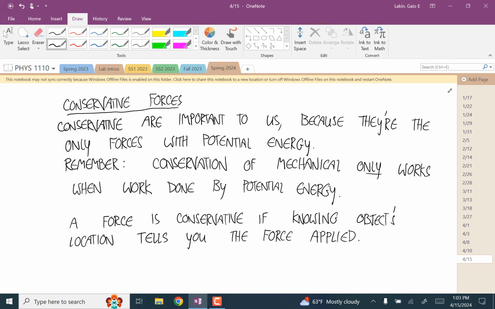In fact, that's even more information than you need, but it does satisfy the requirements of a conservative force. So if I tell you it's here, you know that gravity is applying a force of 0.1 times 9.81 down. It really didn't even matter that it was here. And if I tell you that it's here, the gravitational force is still the same, 0.1 times 9.81 down. So it meets that requirement. If I tell you the location, you can tell me the force. So gravity is a conservative force.